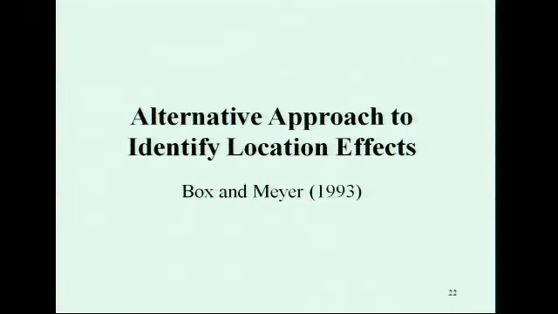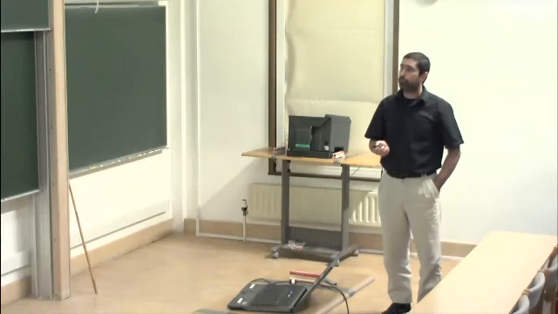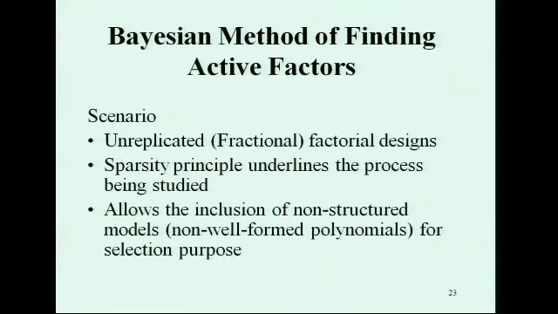The scenario where this procedure would be most useful is one where we have unreplicated designs, which could be fractional or not fractional. The sparsity principle must underlie the process. If we have many effects to estimate, starting with an unreplicated factorial design wouldn't be the best choice. And I'm going to allow for non-well-formed polynomials.